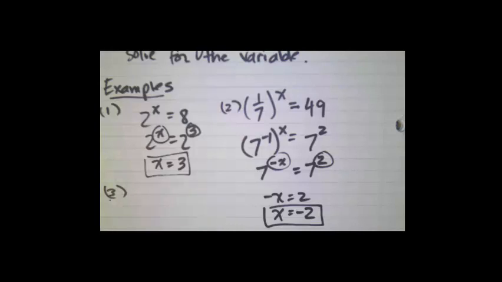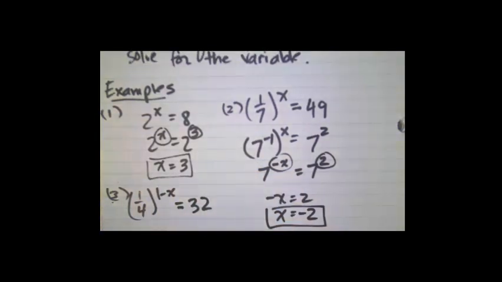Suppose we had 1/4 to the 1 minus x equals 32. Okay, go ahead and try that on your own.